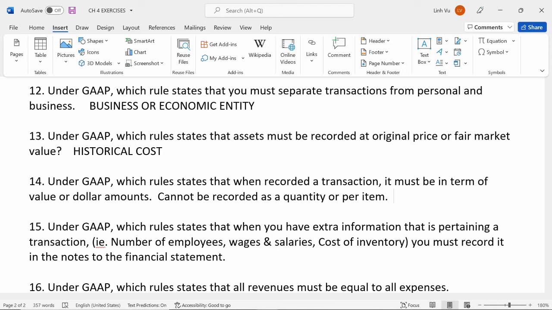Which one gives me less cost and what benefit comes from it? In this case, you can't record as quantity. You have to record at total value or dollar amount.